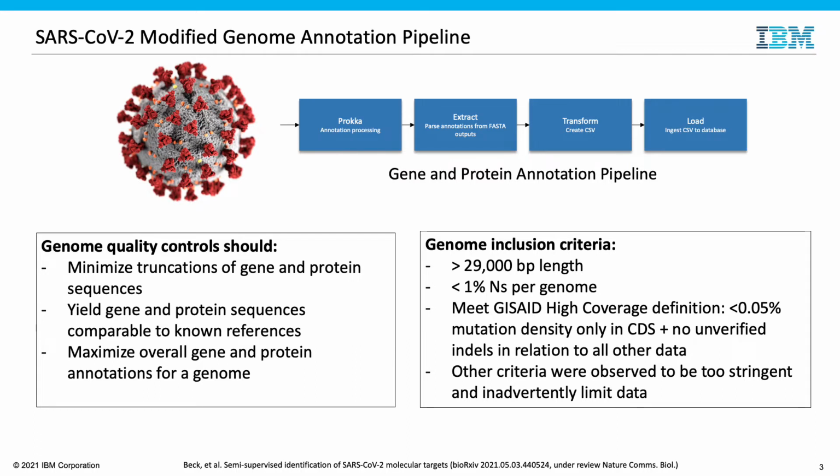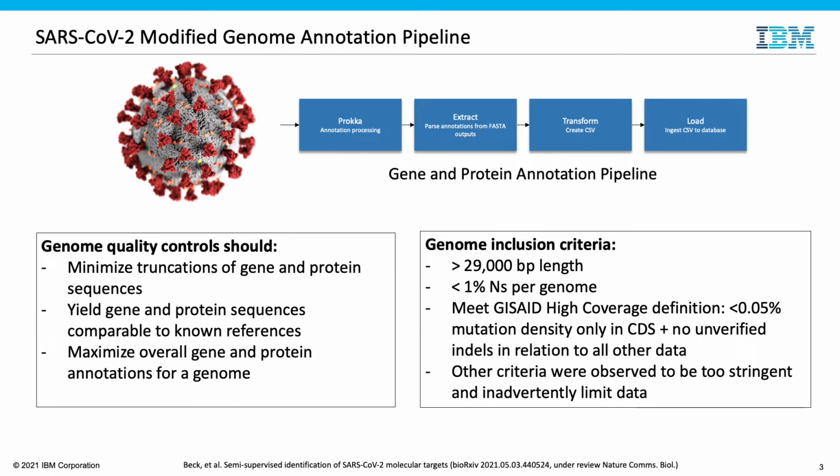From the genome annotation work, you have the ultimate goal of minimizing truncations of gene and protein sequences. We want to yield gene and protein sequences that are comparable to known references and maximize overall gene and protein annotations for a genome, making sure that you're identifying all of the correct targets that should be present.